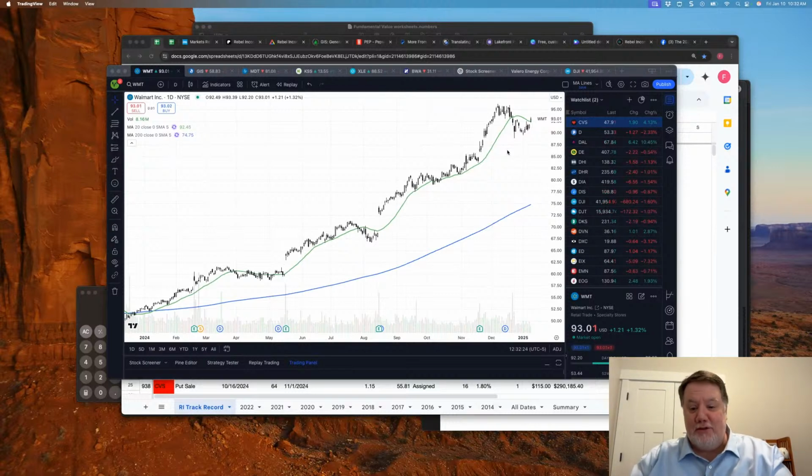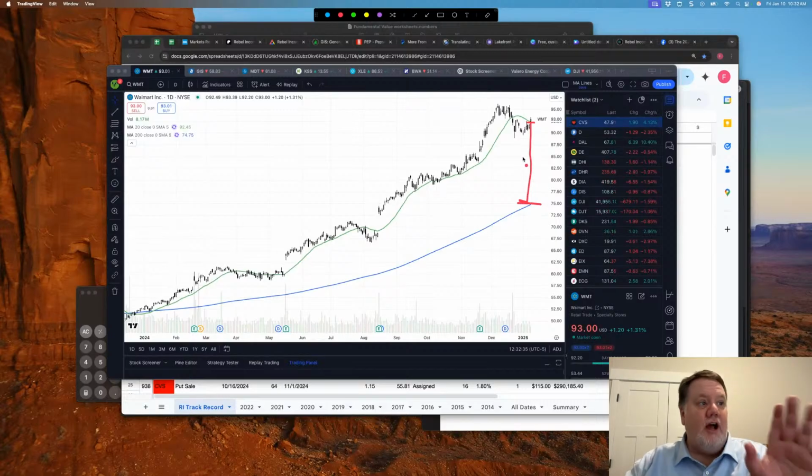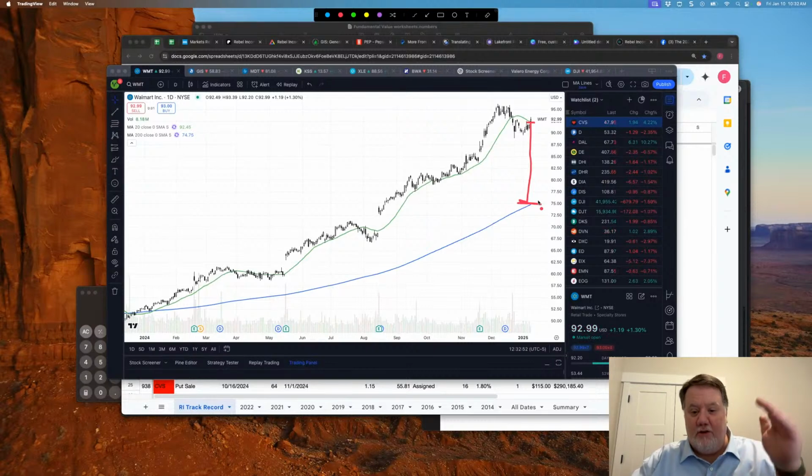How long is that going to be sustainable? Open question, right? Look at the distance here between where the stock is now and the 200-day moving average. I am not saying that it is prime for this kind of a correction. This would be a bear market if it were to drop all the way back down to the 200-day moving average. I'm not saying it's due for that. I'm saying that if we're talking about potential trap zones, it's starting to increase again.